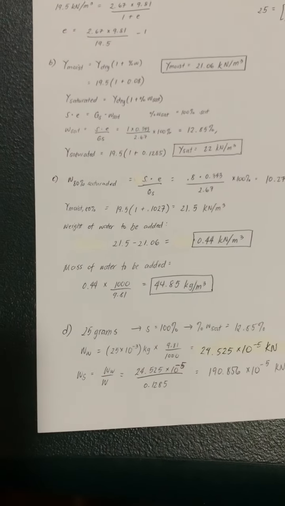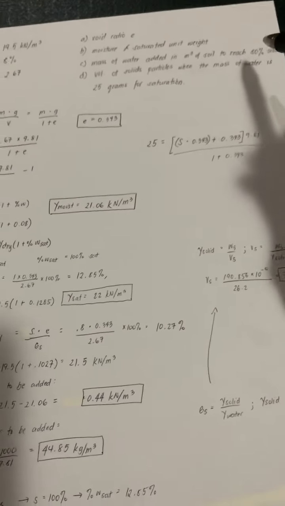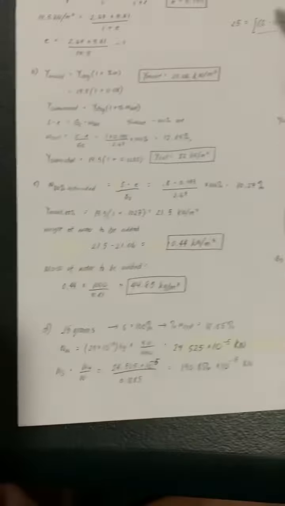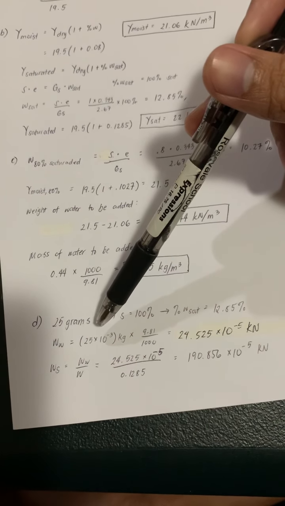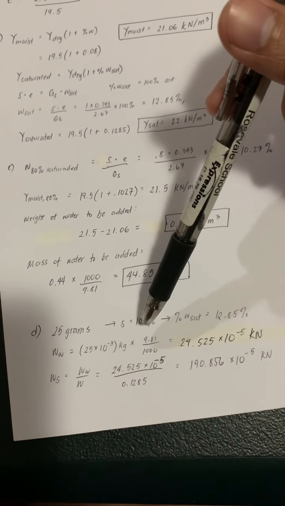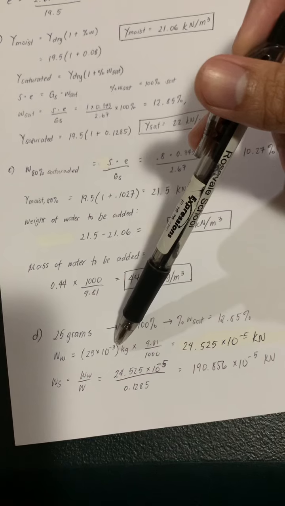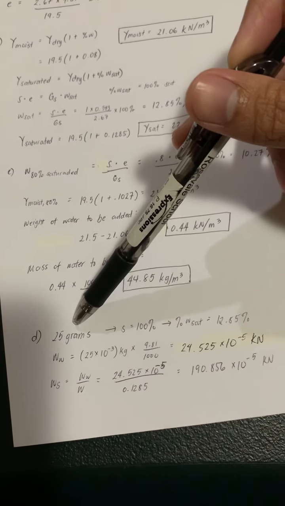So letter D, volume of solid particles when the mass of water is 25 grams per saturation. I did this first. I converted this to water saturation, which gave me 12.55%, and then I multiplied this 25 grams.